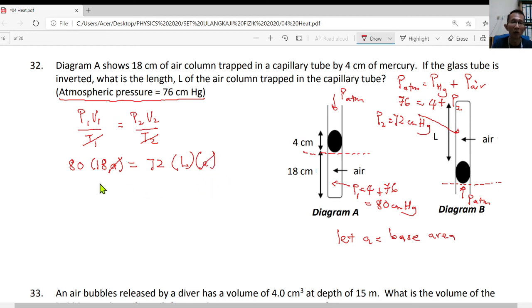Can you calculate your L now? Yes, so your L is 20 centimeter. Okay, so that's how you solve the problem. Alright, so try to understand how we worked the question out. So I meet you again in the next session.